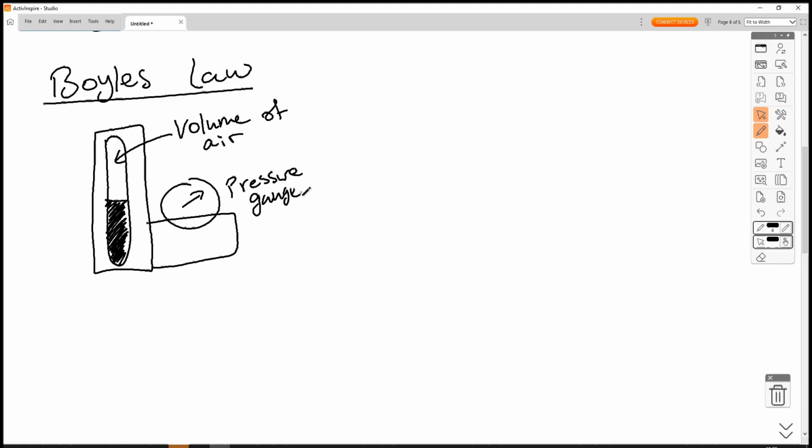And then we have a column, for example, it could be a column of mercury. So by moving this column up and down, we can change the volume of the air. And by changing the volume of the air, we can also read changes in pressure.